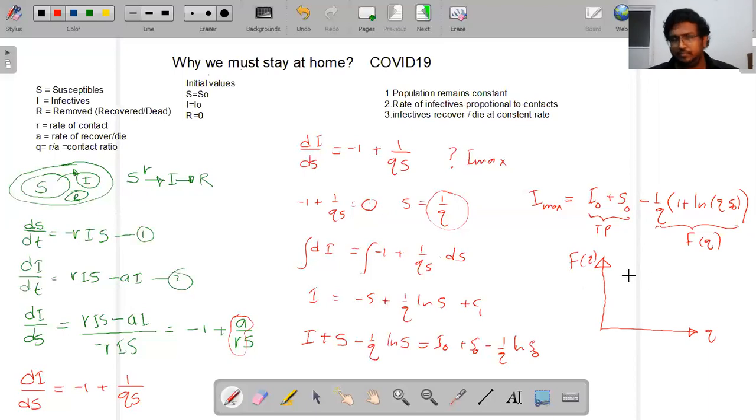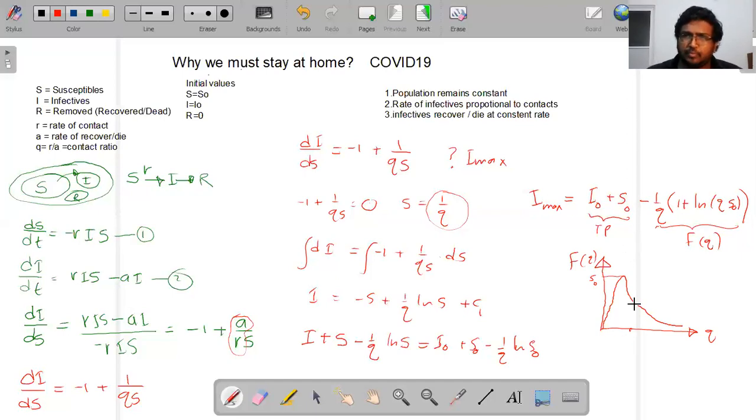In this function, when you check the different q values, it goes up very sharply and then goes down like this. When it comes to S naught level at a particular Q value, that's the maximum value. So this is not the maximum value of I, but this helps you to understand the maximum I value.